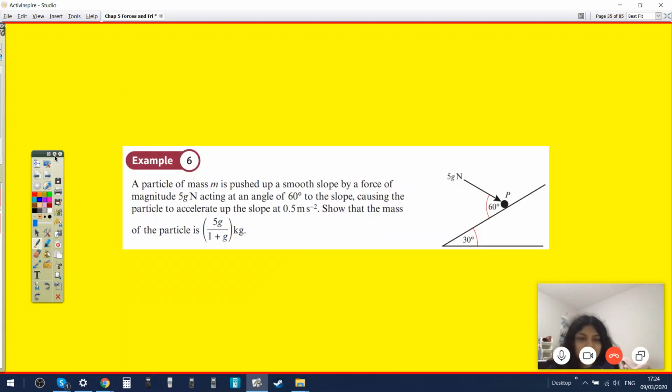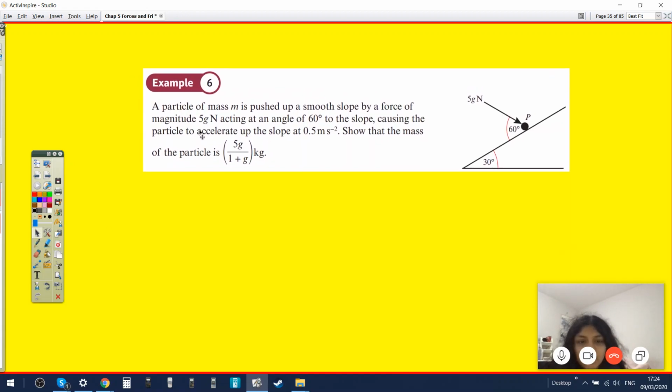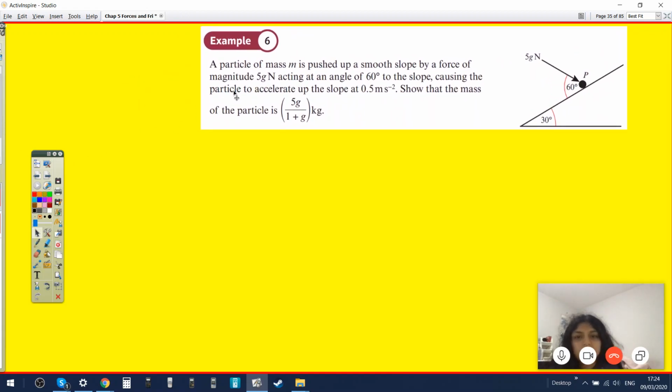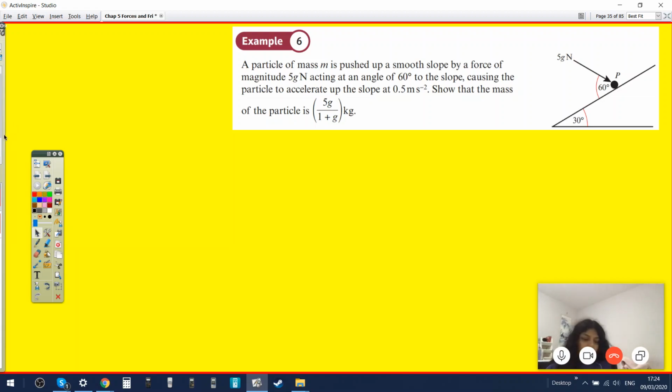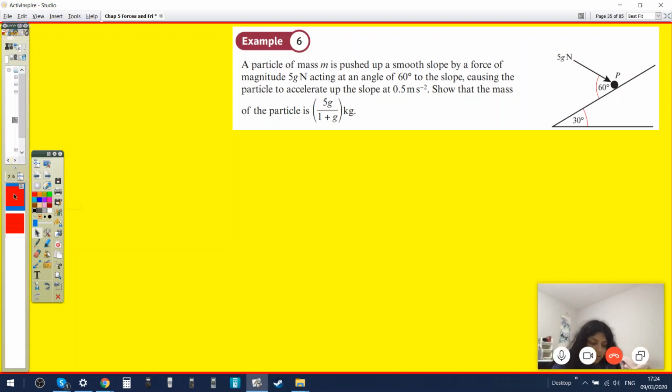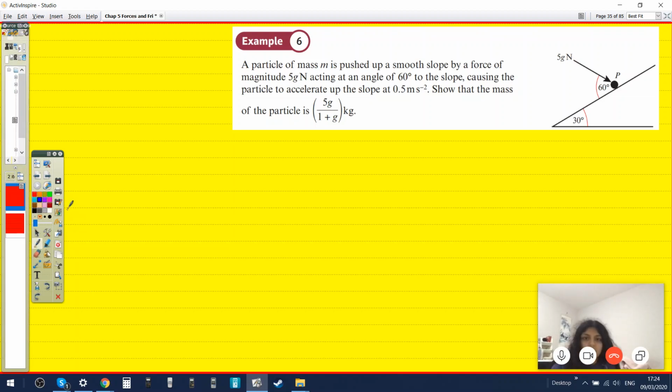Okay, slightly different. How about this one? So there's no friction, and you don't know what the mass is, so you can just use mg as the force.